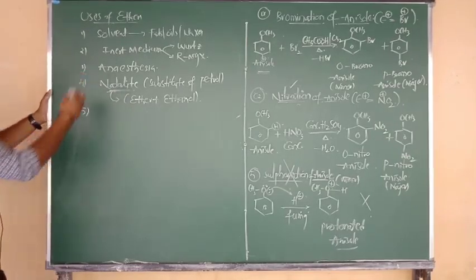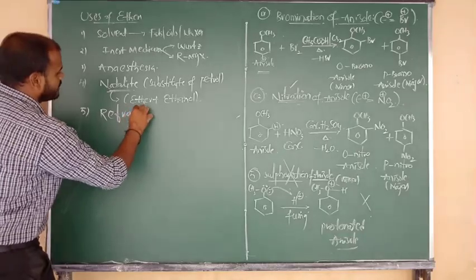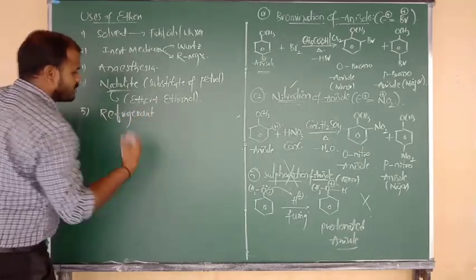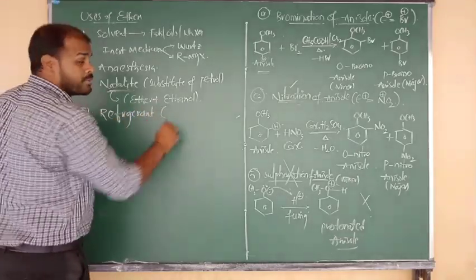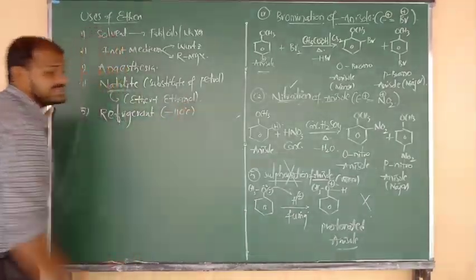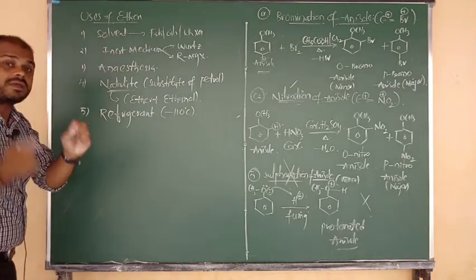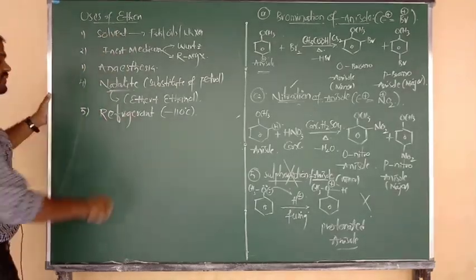And one more thing, ether can be used as a refrigerant, a cooling agent. By using this refrigerant we can produce very low temperature, around minus 110 degrees Celsius. Which mixture do we consider a dry refrigerant?